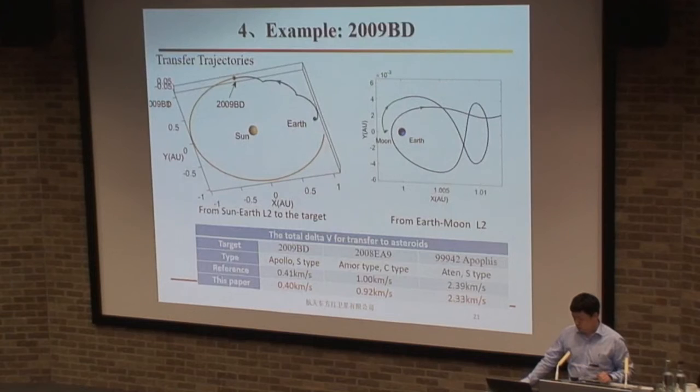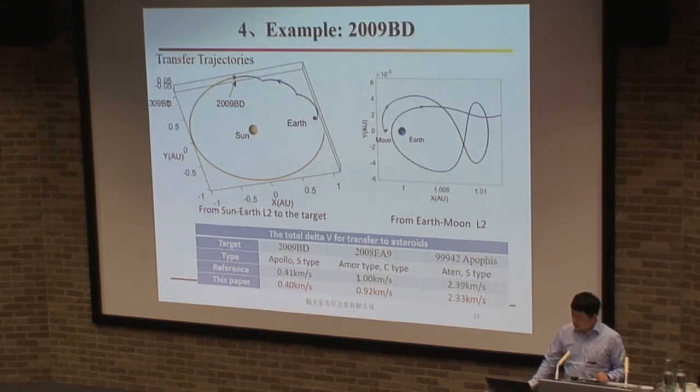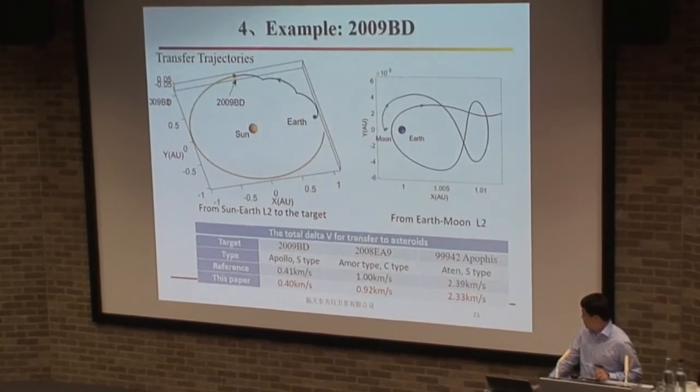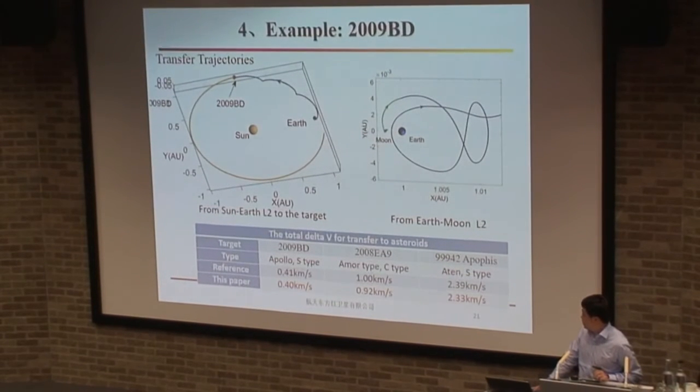We also choose another asteroid for the multi-asteroid exploration. We can see usually the total delta-V for transfer to asteroid is lower than 1 kilometer per second.